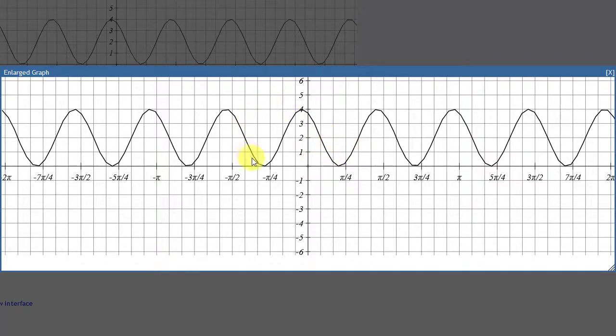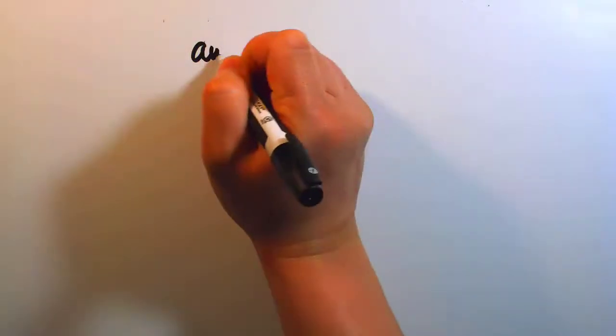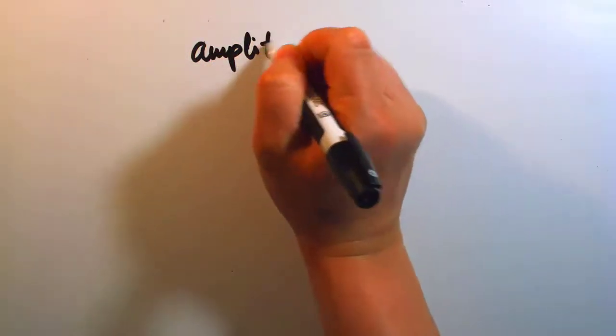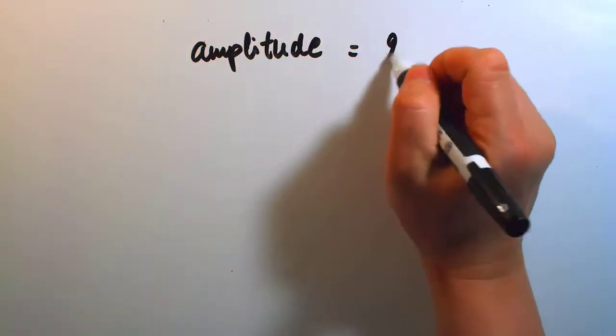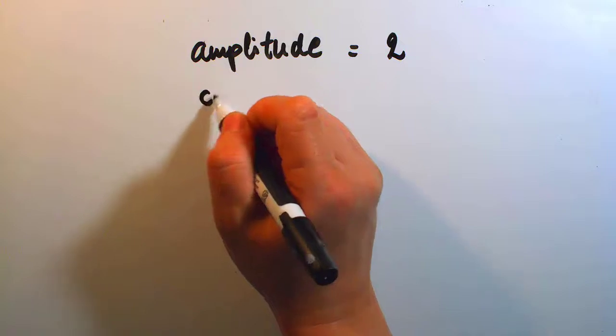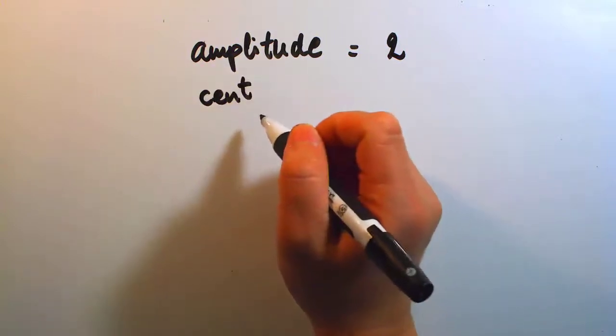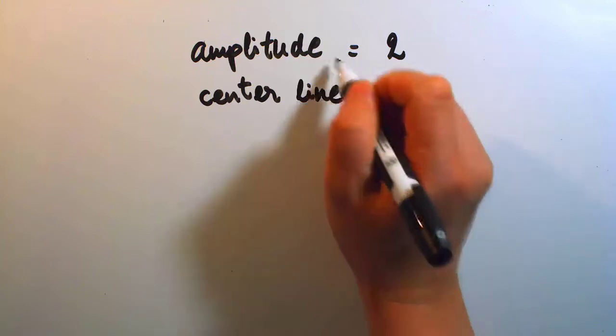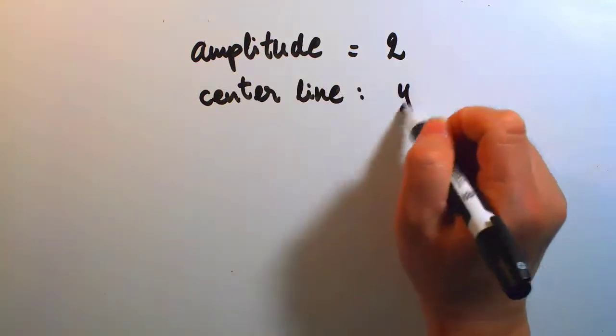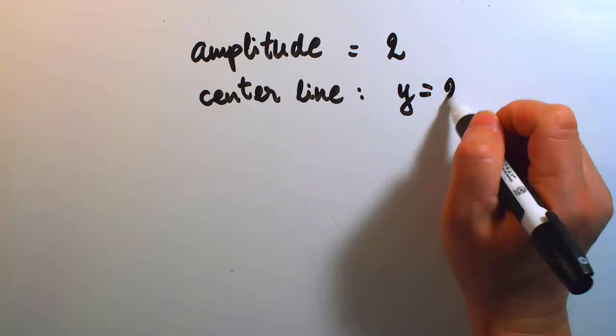So if somebody is asking me a problem like this particular graph, I would say it has an amplitude of 2. It has a center line at y equals 2.